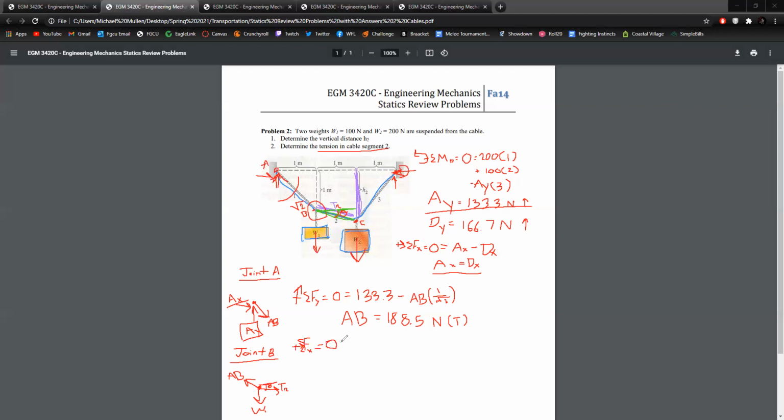The sum of the forces in x is going to be equal to 0. It's going to be equal to 1 over square root 2 times AB, which is known. This should be minus, because AB we know as tension is going to the left. And then we're also going to assume tension here, so we're going to say plus because it's moving to the right, plus T2 times, since we want the x component, cosine theta.